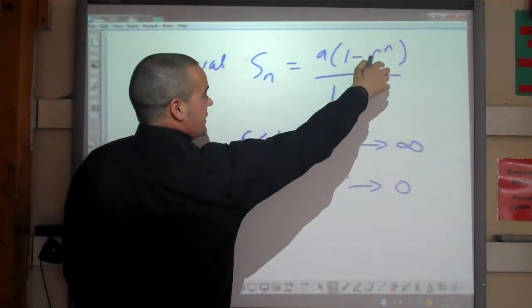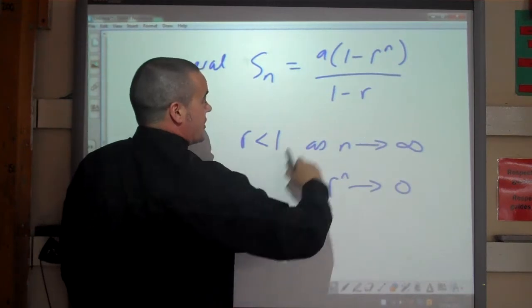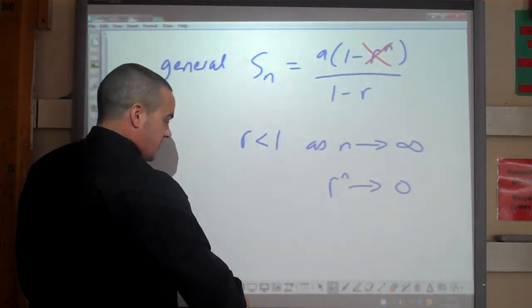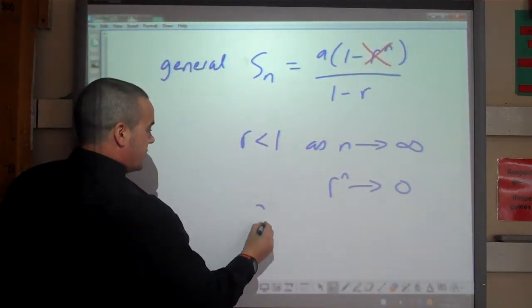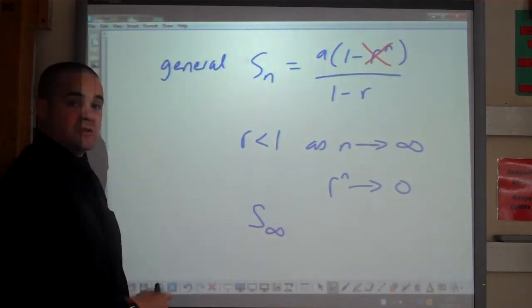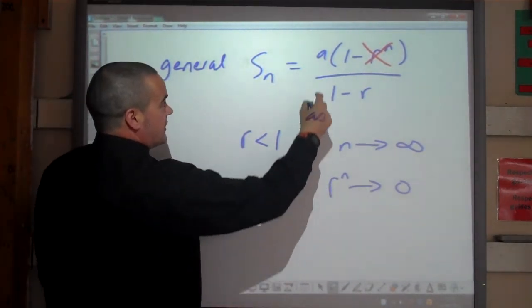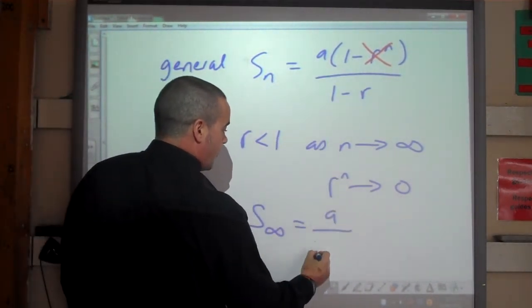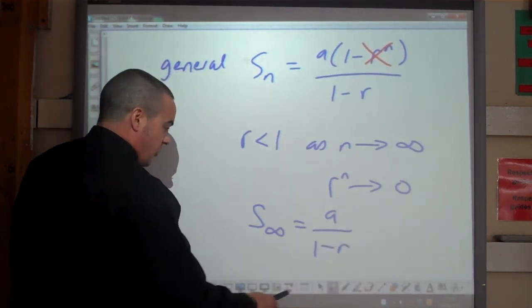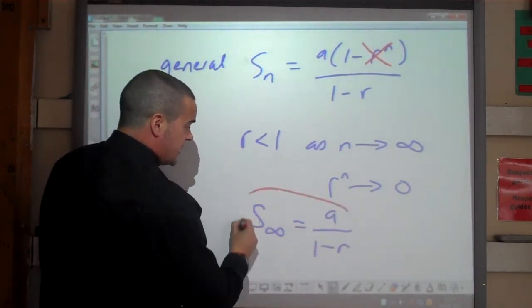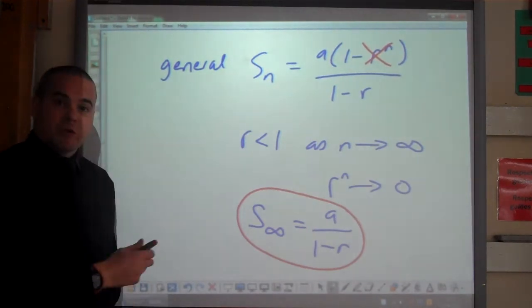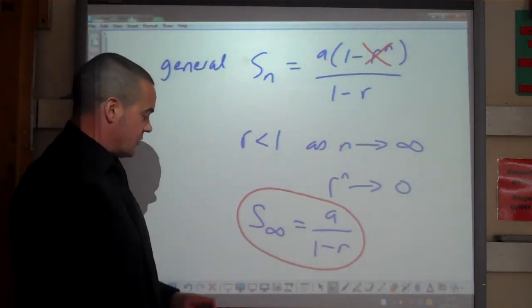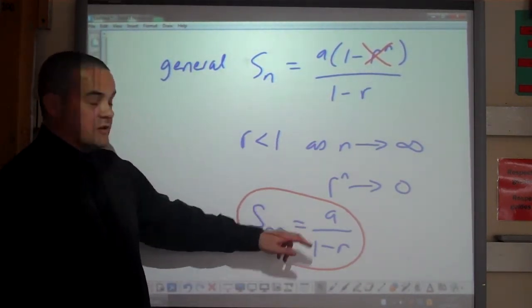So I can say that this term here is equal to 0. And so that gives me, for S infinity, A over 1 minus r. And this formula, again, is in your formula booklet, and it's what we're going to be doing 2 or 3 questions on now, using this formula.